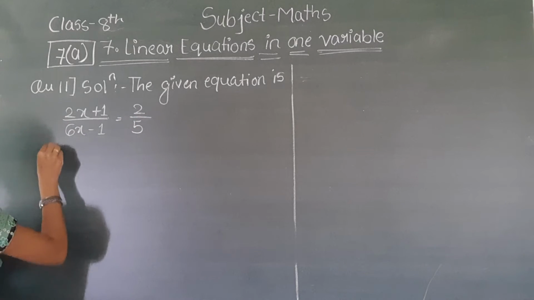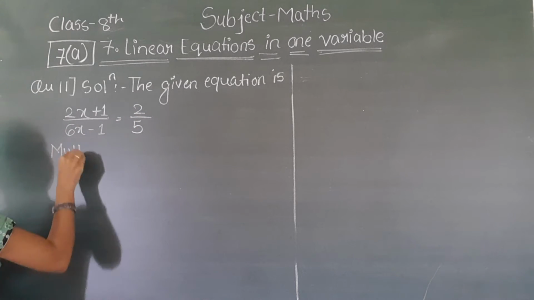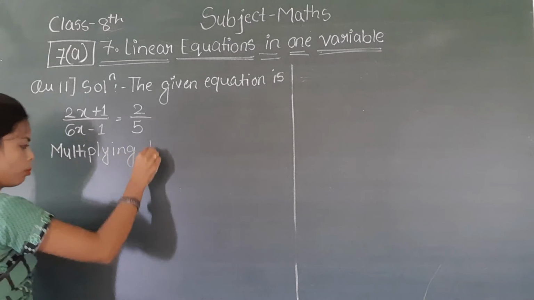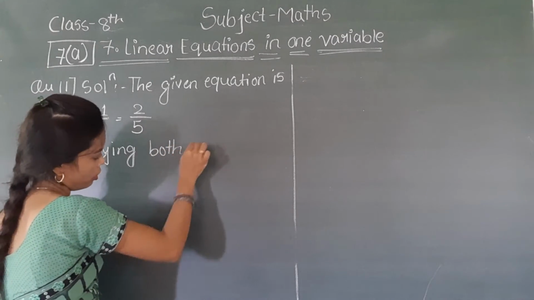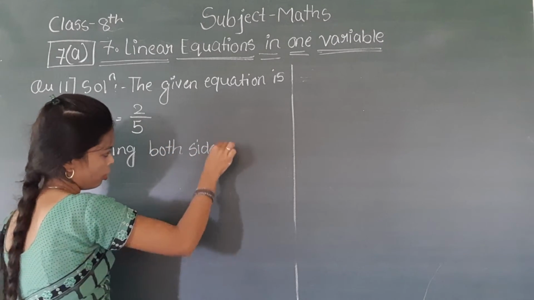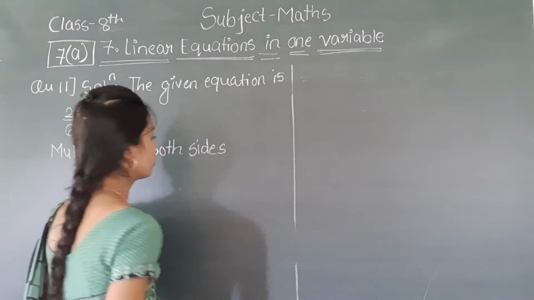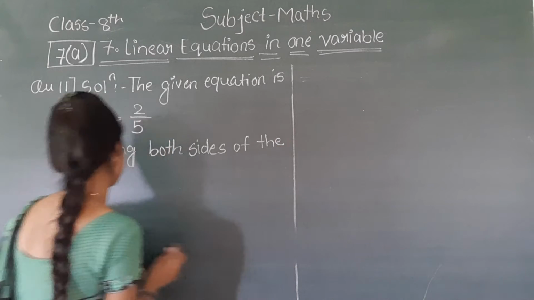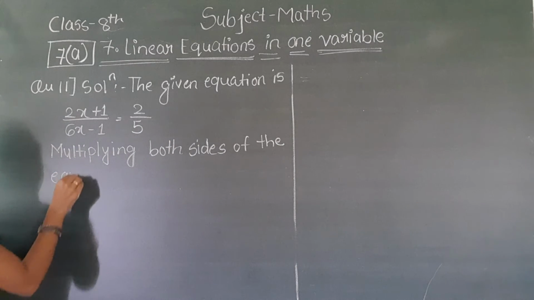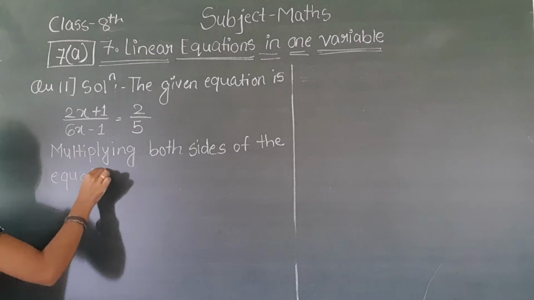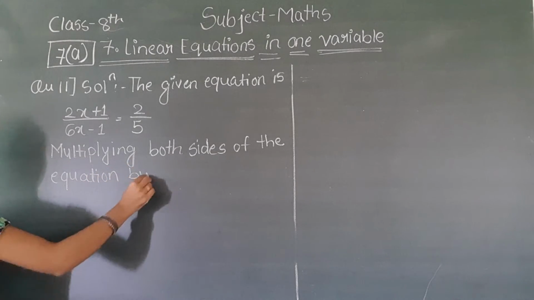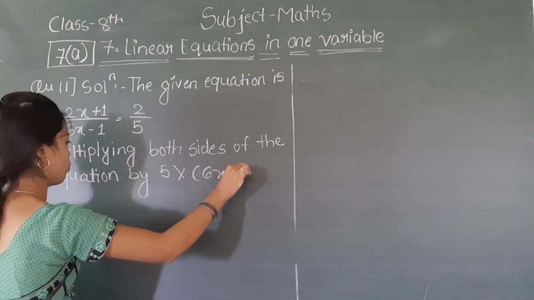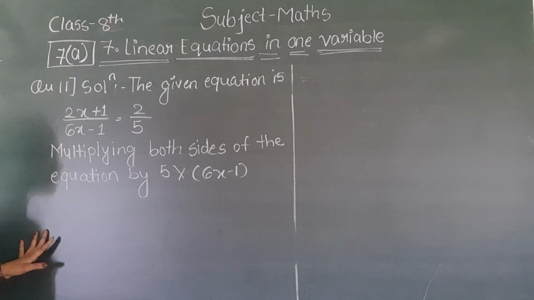Now the next step is multiplying both sides of the equation by 5 into (6x minus 1).